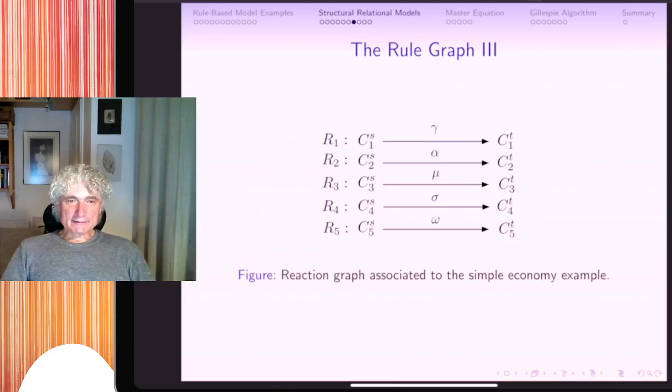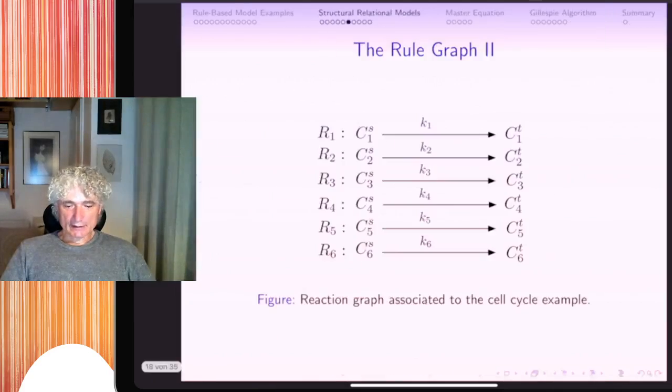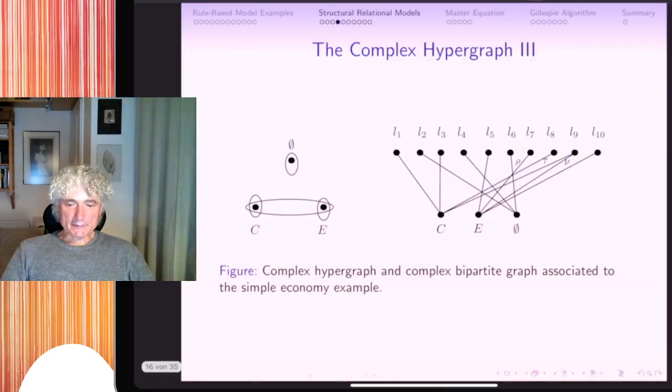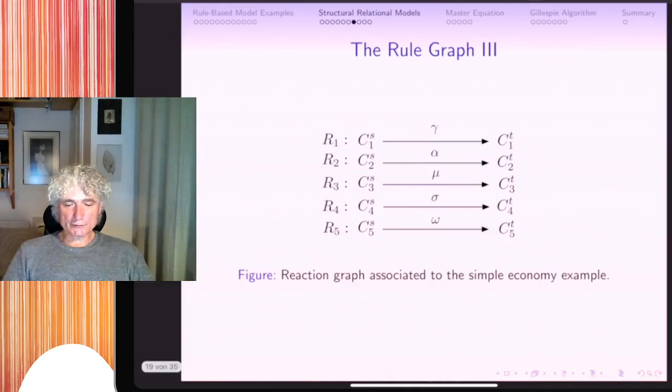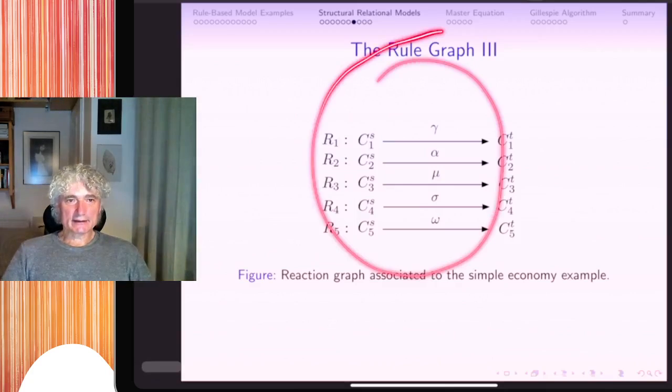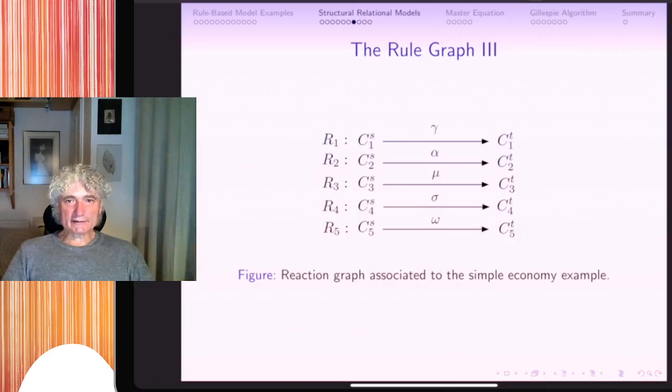It is interesting to understand that the combination of the complex hypergraph like this one and the rule graphs like this one are actually having all the information of the rules that is needed for its description.